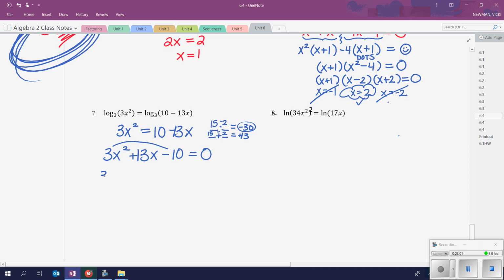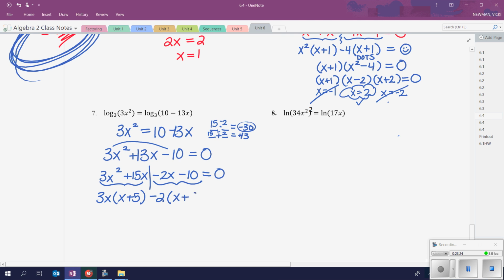Okay, so split the middle term. 3x squared plus 15x minus 2x minus 10 is equal to 0. Split it down the center. Out of the first 2, take out a 3x. Get x plus 5. Out of the second 2, take out a -2.